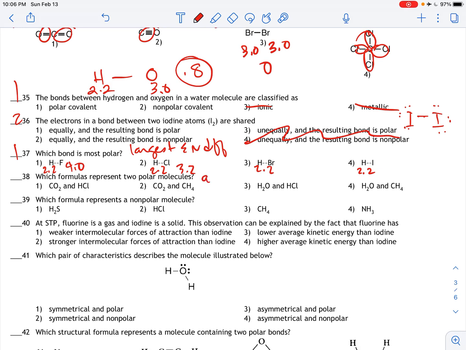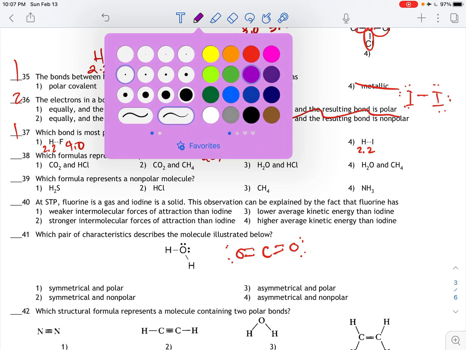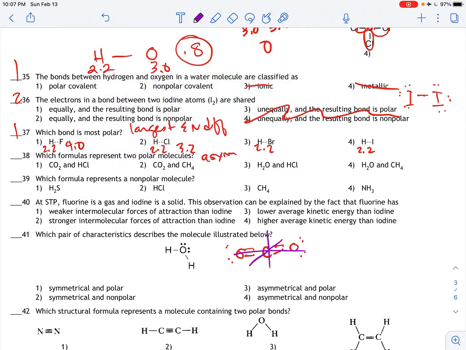Polar molecules are asymmetrical, so draw them. I'll draw them over here. CO2 looks like this. It likes to double bond with oxygen. So when you see this, you say, okay, it's symmetrical no matter how I cut it. So that is called nonpolar. And HCl.